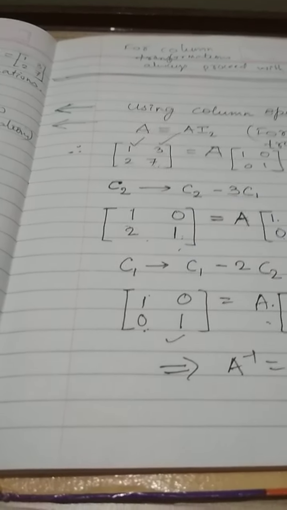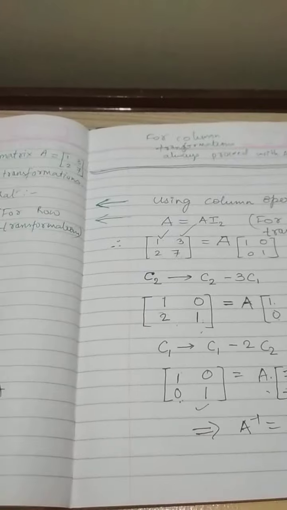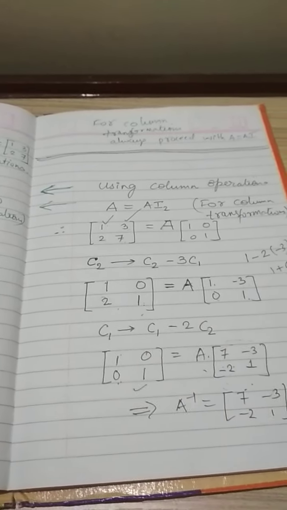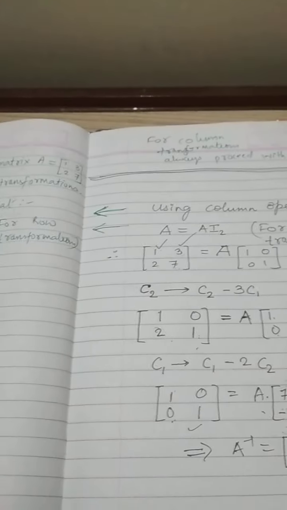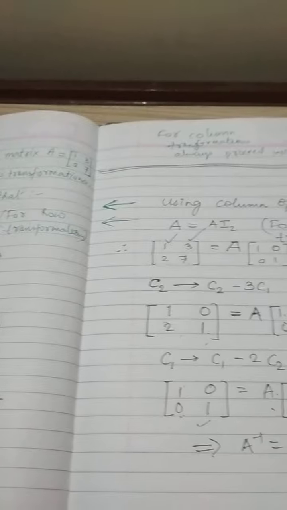I hope you understood the basic difference. Now we will go for higher order matrices, that is a 3 by 3 matrix, and we will discover different kinds of steps and what is the basic procedure, and after that we'll go for other types of problems.